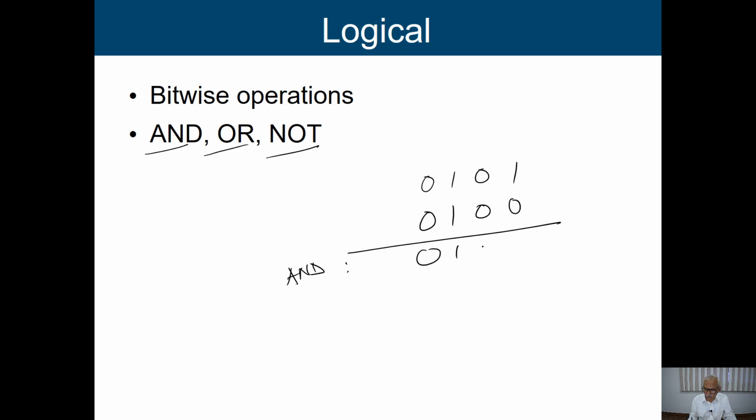The result will be 0, 1, 0, 0. If I perform bitwise OR, what do I get? 0, 1, 0, 1. Okay, such operations are called logical operations, and they are used to perform bitwise logical operations.